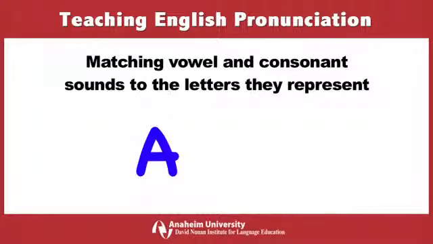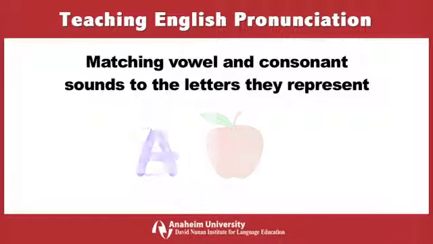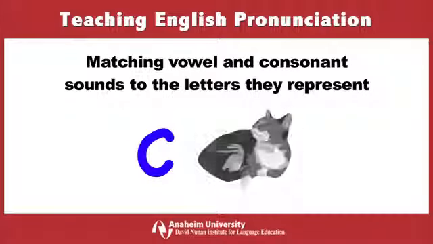So the learners need to know that the letter A makes the sound A, as in apple. The letter B makes the sound B, as in banana. The letter C makes the sound K, as in cat. And this continues with the remaining sounds of the English language.